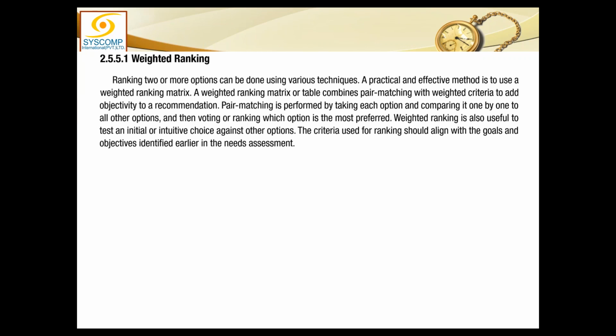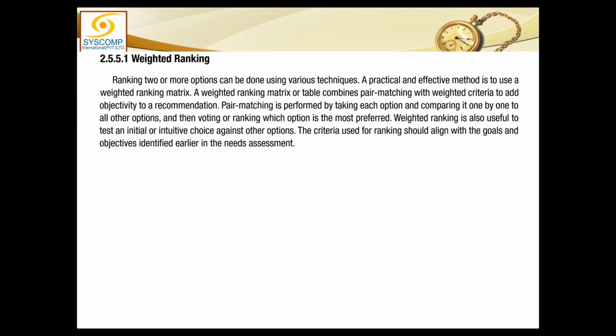Ranking 2 or more options can be done using various techniques. A practical and effective method is to use a weighted ranking matrix or a table. This combines pair matching with weighted criteria to add objectivity to your recommendation.